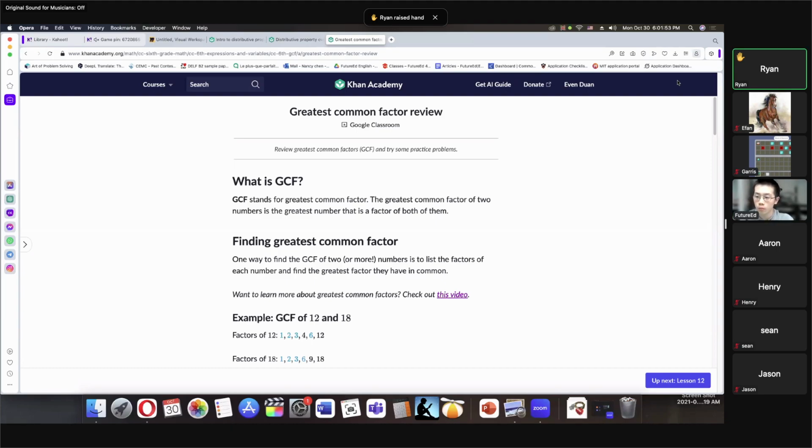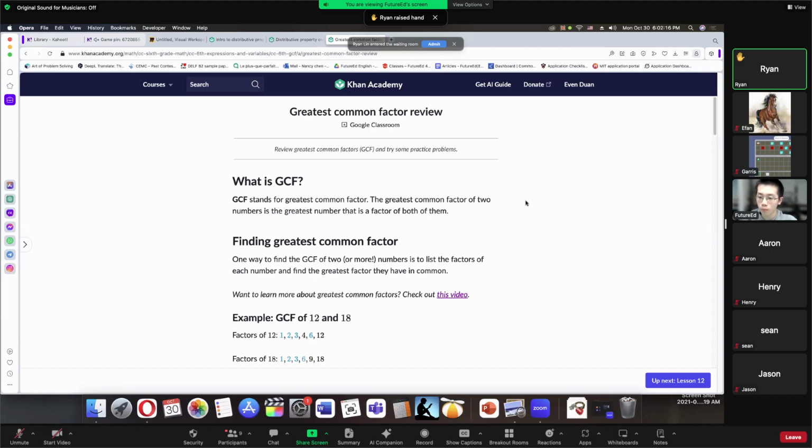Just by knowing the factor, like you just divide them by each number. Okay, why would you divide them by each number though? So what's your reasoning behind it?